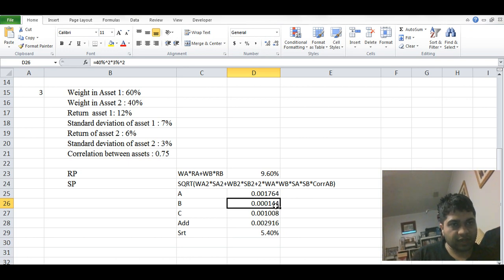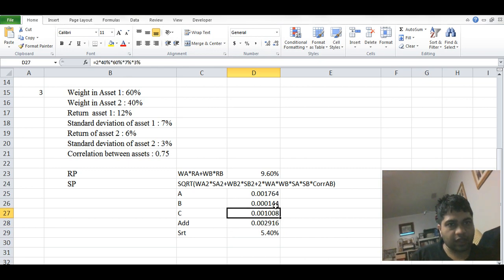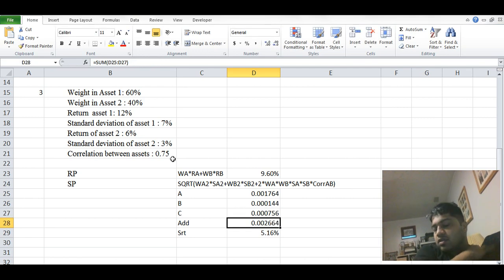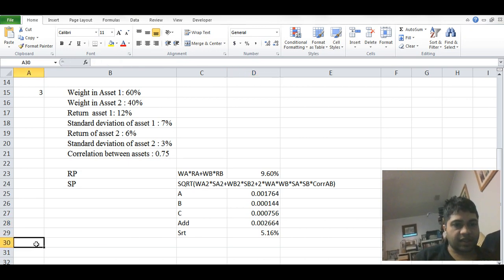Just checking whether I've done it right. Yep, I have missed out the correlation part, that was what I was missing. Into 75%, which is the correlation. So the answer is 5.16. So solve for part A, part B and part C separately, add them up and then take a square root.